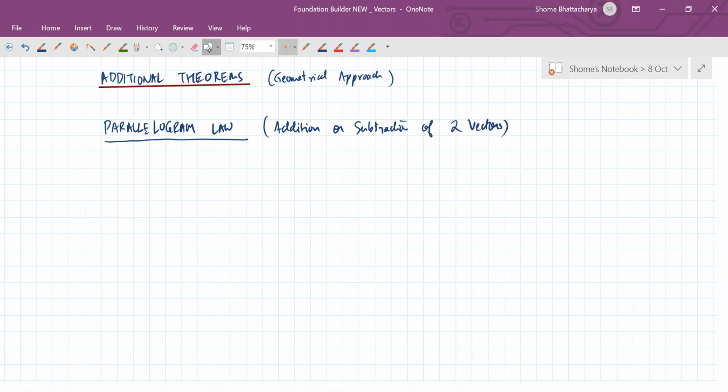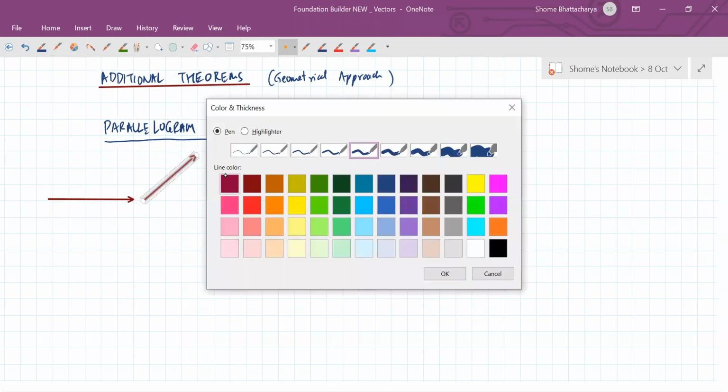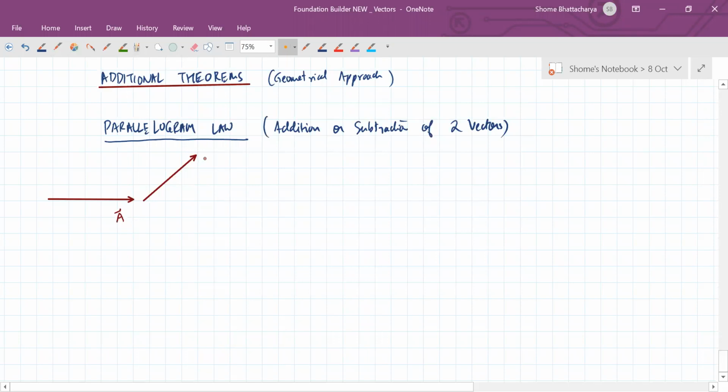So if we have two vectors which are given to us like this, the angle between them is theta.